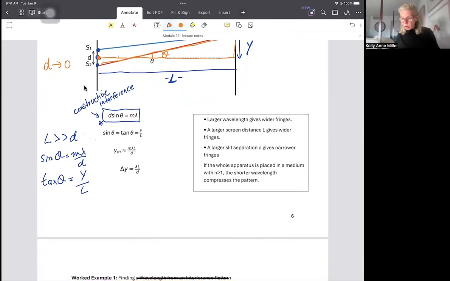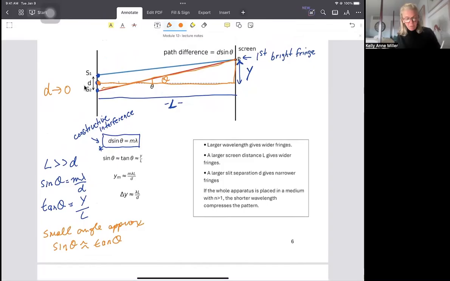In the small angle approximation, sine theta is basically the same as tangent theta, as that angle gets smaller and smaller, which is the condition for this.